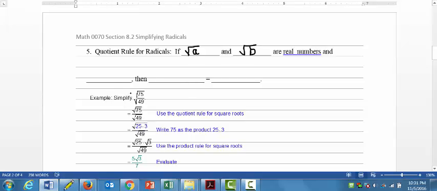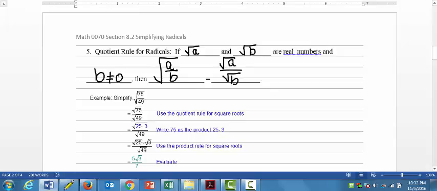So the quotient rule says if the square root of a and the square root of b are real numbers and b is not 0, then the square root of a over b is the same as the square root of a over the square root of b.